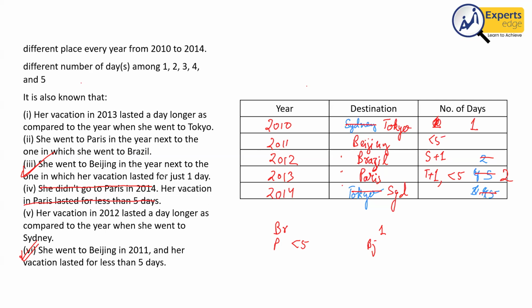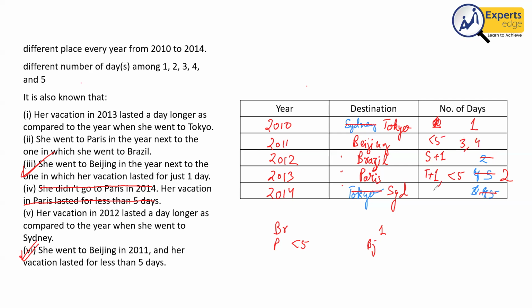Her vacation lasted a day longer as compared to Tokyo. She went to Beijing in the year next. Okay, Beijing also is less than 5. So we cannot have 5 here. We could have a 3 or a 4.